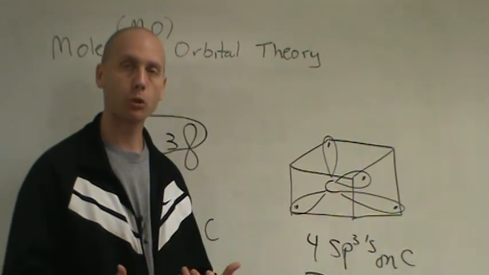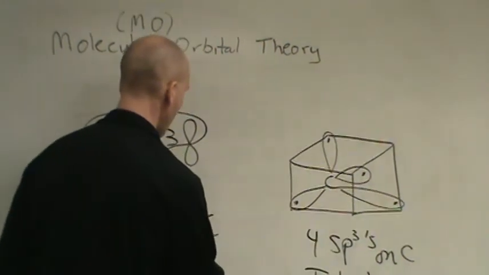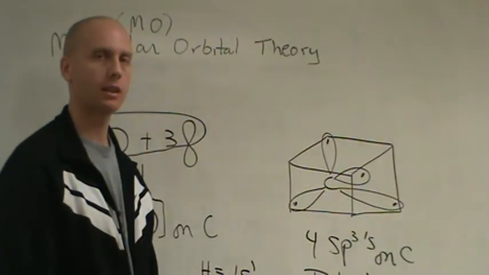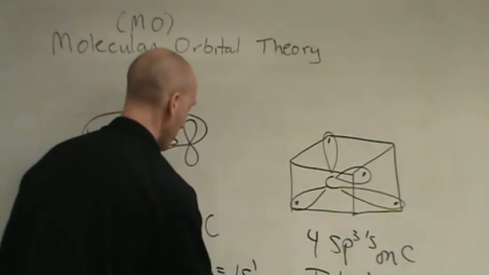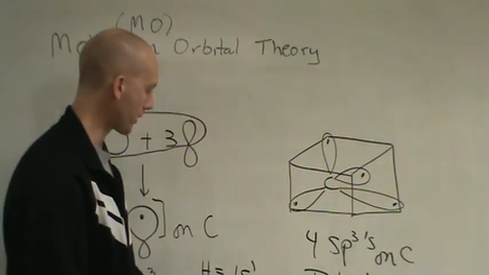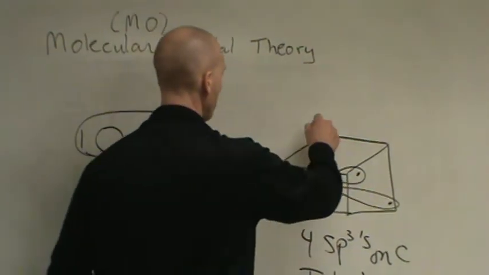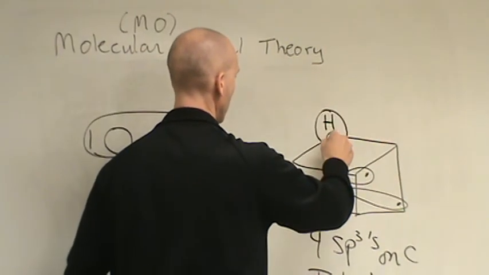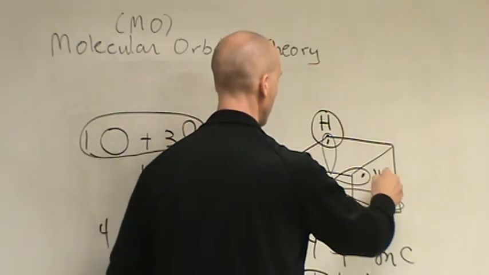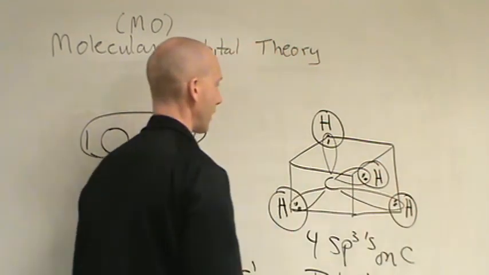Well, let's make a full molecule by adding a hydrogen atom. Remember, hydrogen is a 1s1 atom. And remember, the shape is spherical. So we'll draw hydrogen as the sphere with one electron. And let's form some sigma bonds here. So we'll overlap here, and here, and here, and here.